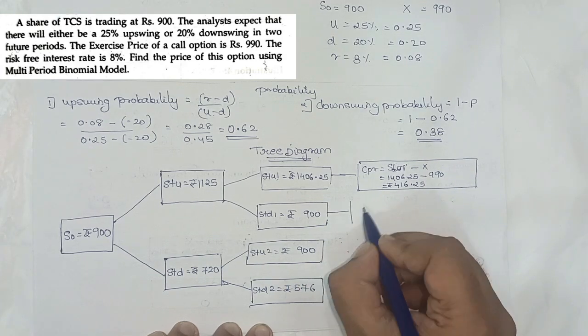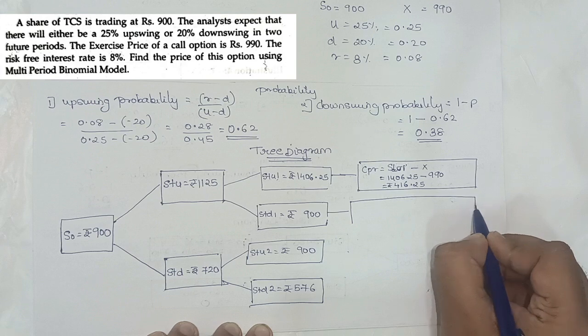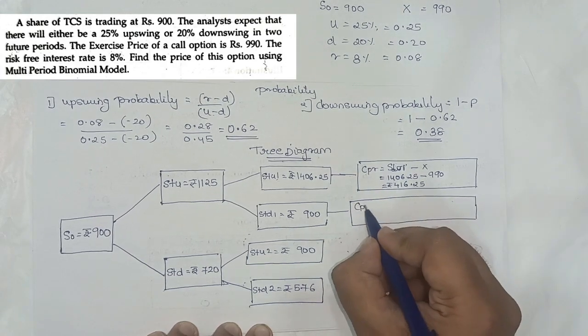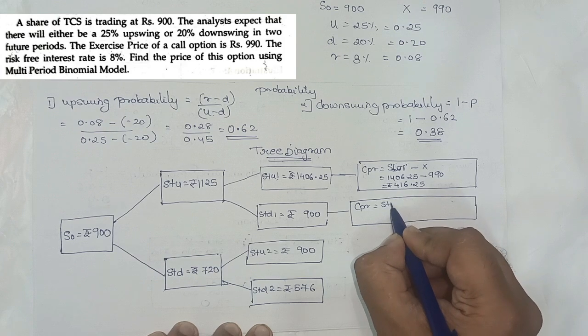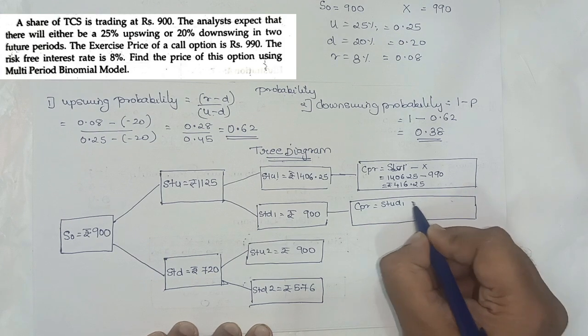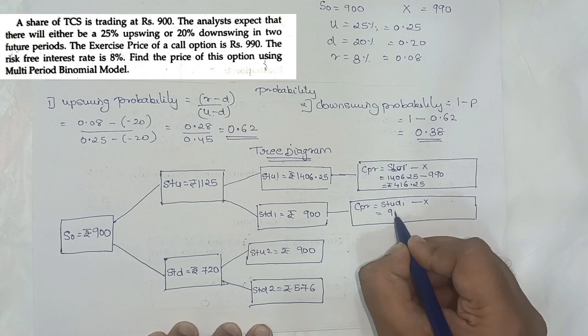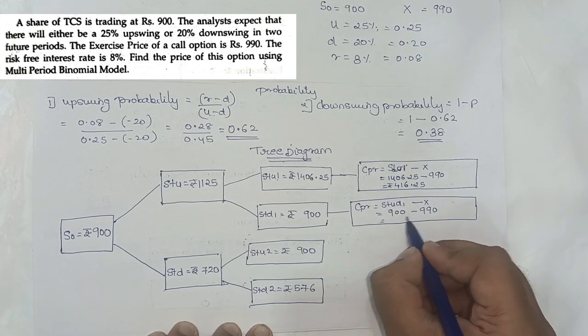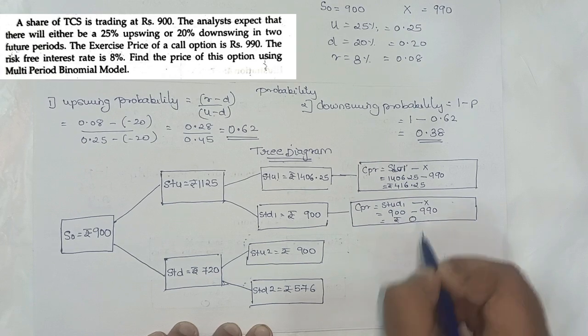Same way for the second option. Again, call profit is STD1 minus X. That was 900 minus 990. There's a negative value, so we can't have a negative answer, so the answer becomes 0.